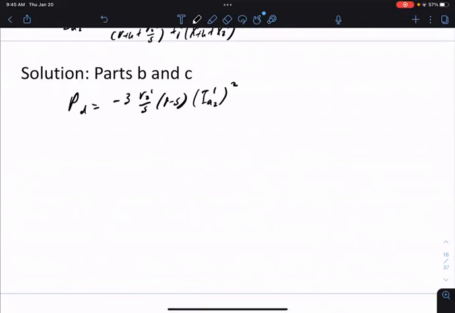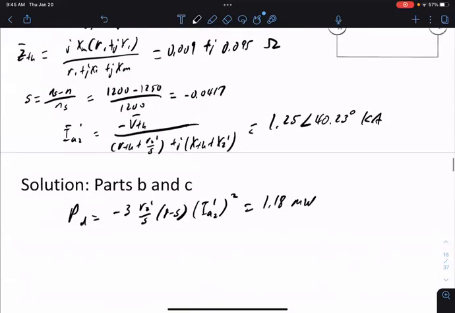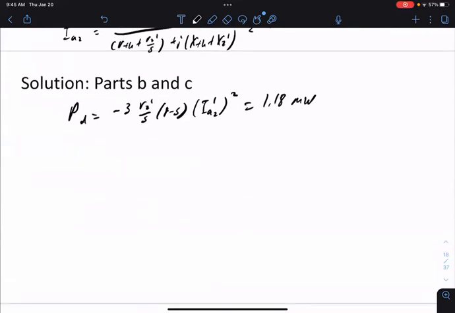Putting in all the numbers, we got 18 megawatts. Here again, the important thing is to square the magnitude part, not the whole complex number.